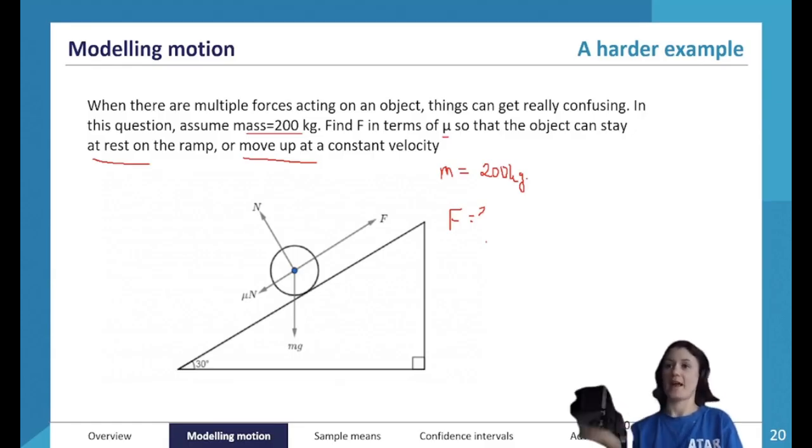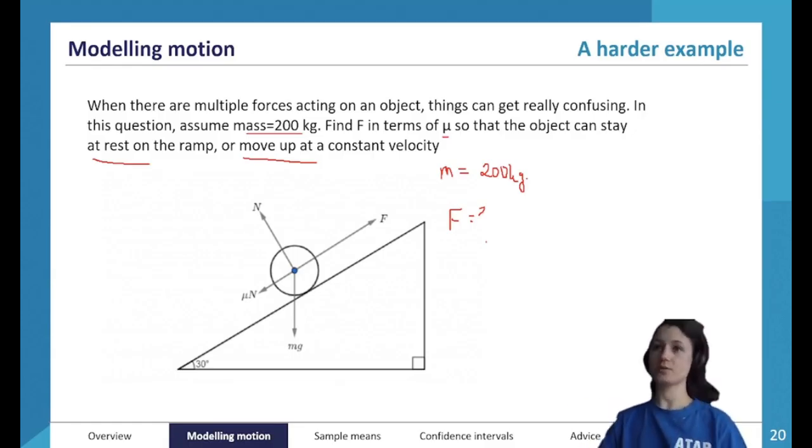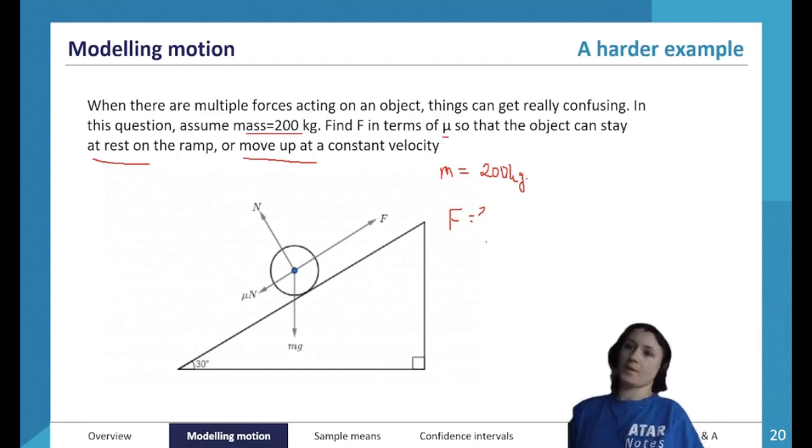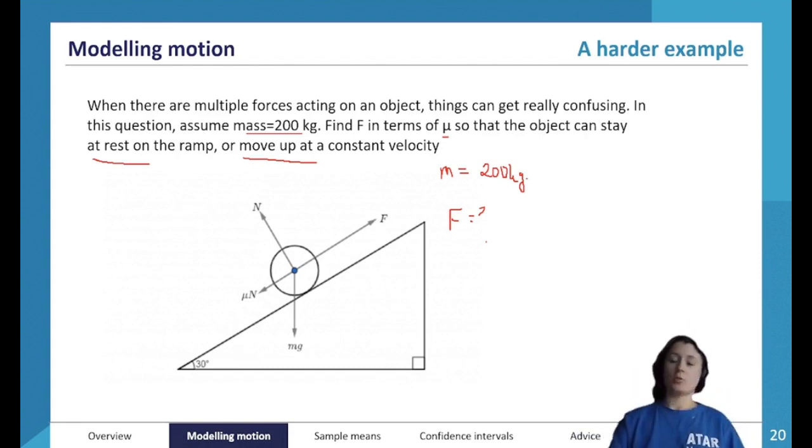Alright, we don't have any other unknowns or variables. And we need to find it such that the object is at rest. So when an object is at rest, it means its velocity is 0, right, because it's not moving. Or move up at a constant velocity.